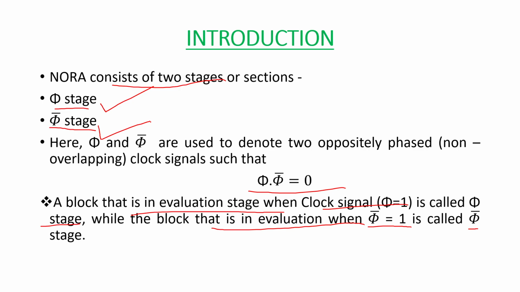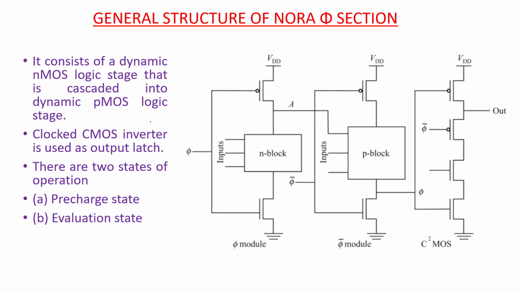Now let us see the construction of the phi stage and how it operates. This is the general structure of a NORA phi section or phi stage. It consists of a dynamic NMOS logic stage.